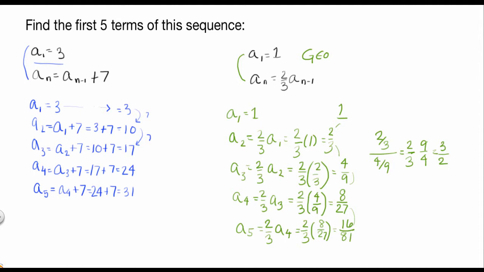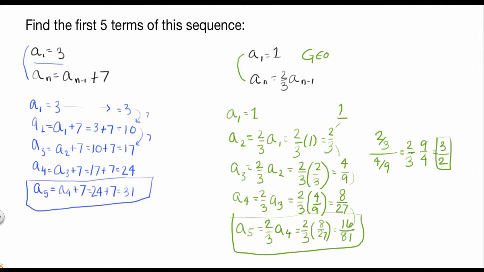We just did it backwards. That's why it doesn't look like 2/3. Instead, it looks like 3/2. But you'll notice the ratio is exactly the same. It's going to remain the same when you go in that direction. Okay. The point here, though, is you get a constant ratio. But our answer, which is what we really wanted to focus on, is right here for this one, and right here for this one.